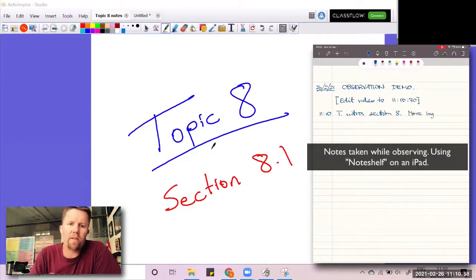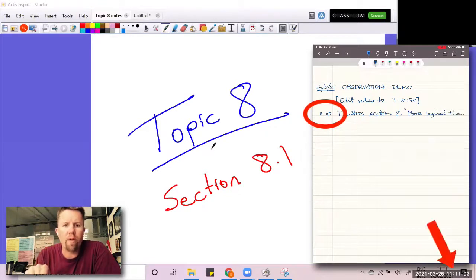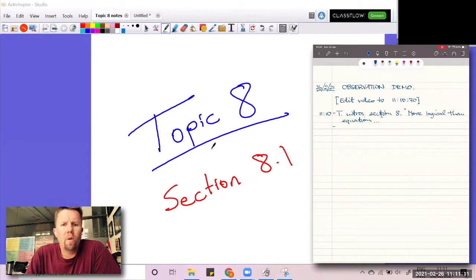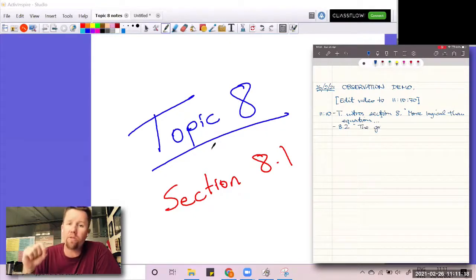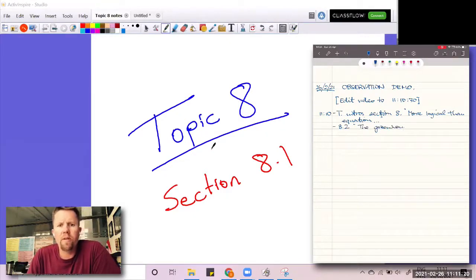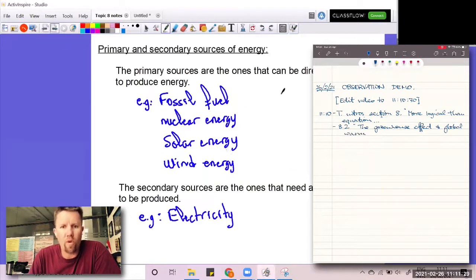And you can see that the timestamp here in my writing corresponds with the timestamp of the video itself in the bottom right hand corner, highlighted here. Where the teacher says something and I'm writing down what they've actually said, I use quotation marks, and abbreviations as much as possible: T for teacher, ST for students, Q for question.